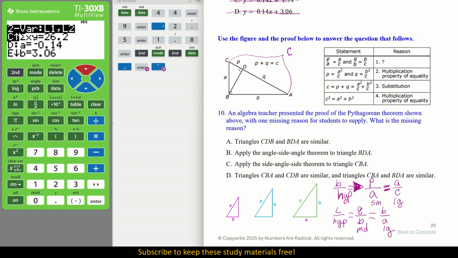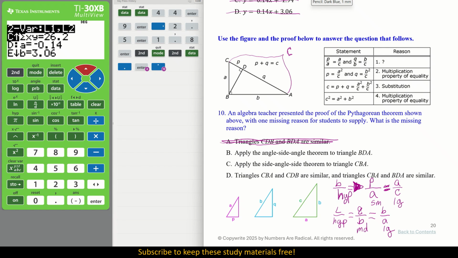That's not going to help you, because that would be the small to the medium. So A is not going to work. Wrong connection. You have to connect back to the larger one. See what's happening if you try to connect a similarity between the pink one and the blue one, you don't have the right components. So that's not going to help you.